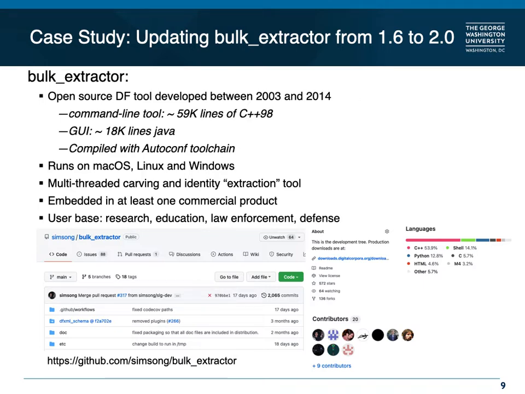It also has a Java-based graphical user interface, and both are compiled using the Autoconf toolchain. It runs on Mac OS, Linux, and Windows, and it's a high-performance multi-threaded carving and identity extraction tool. You can download it from GitHub.